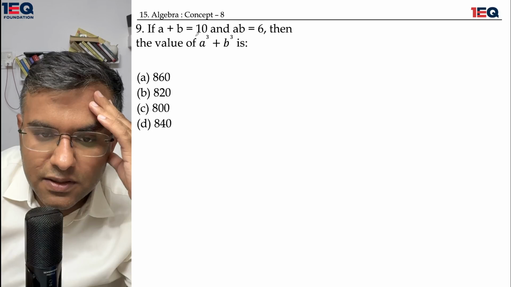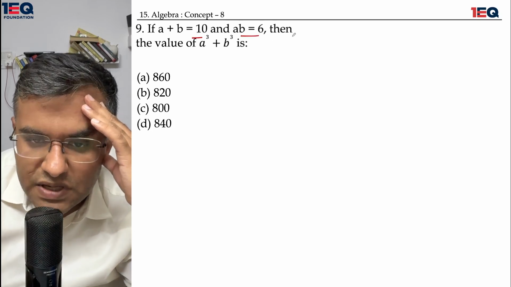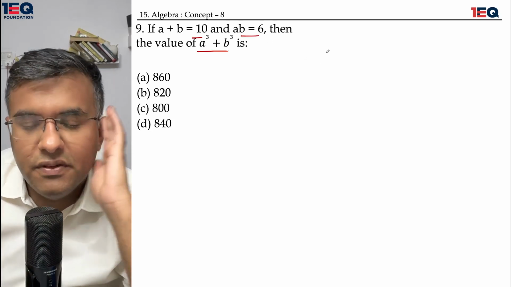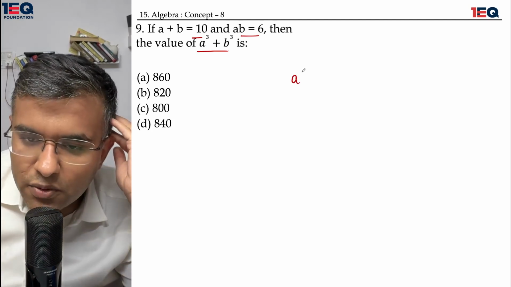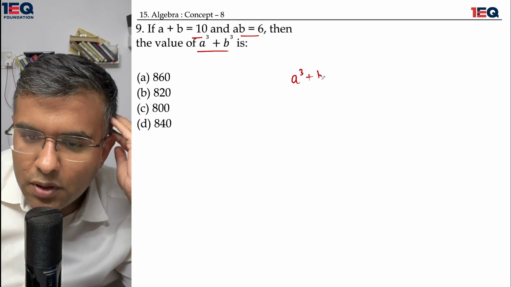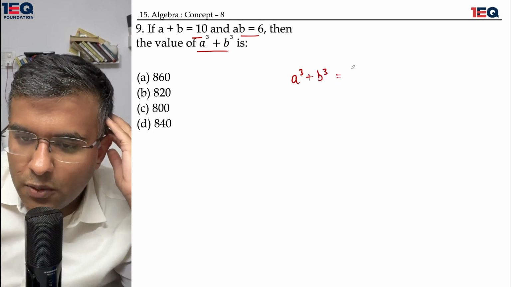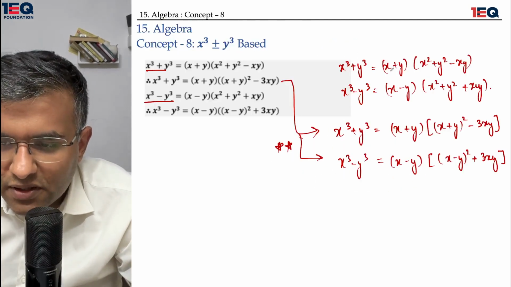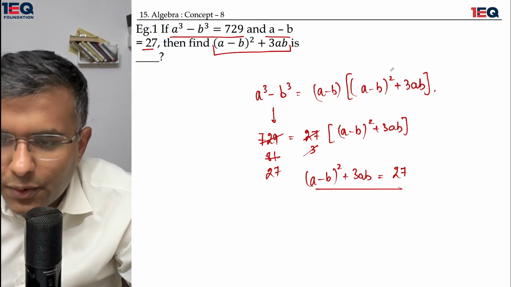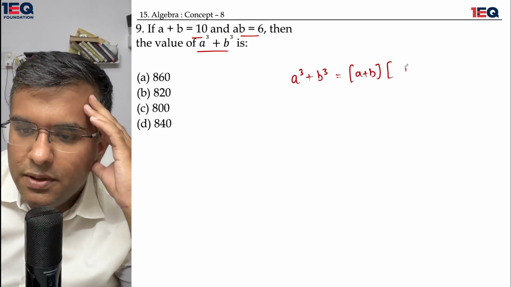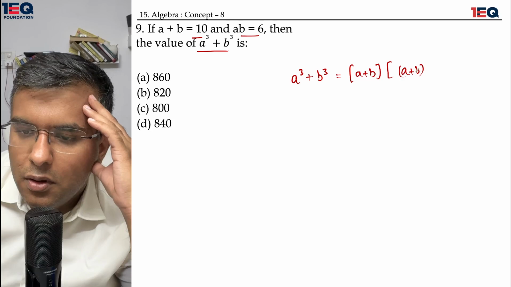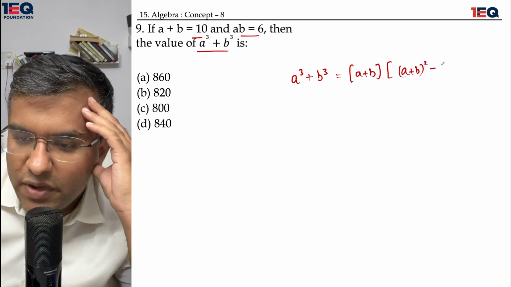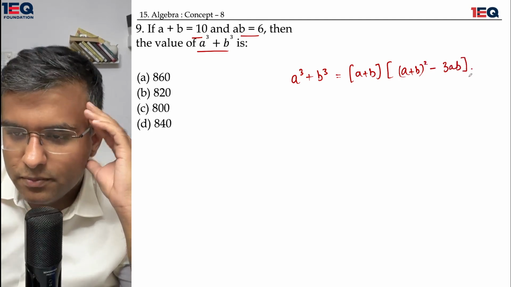If a plus b is equal to 10 and ab is equal to 6, then find the value of a cube plus b cube. So what I'll do here is write down a cube plus b cube being equal to (a plus b) multiplied by, I'll quickly look at the formula which we used. Yep, (a plus b) whole square minus 3ab.